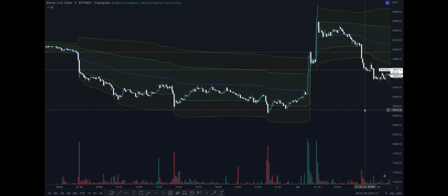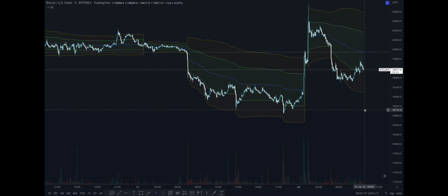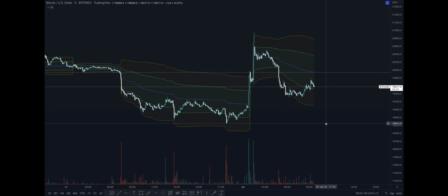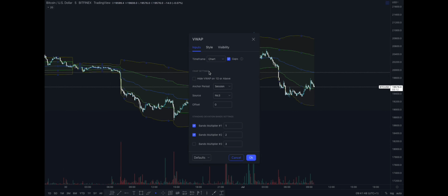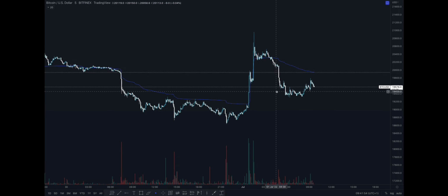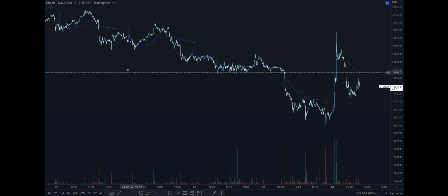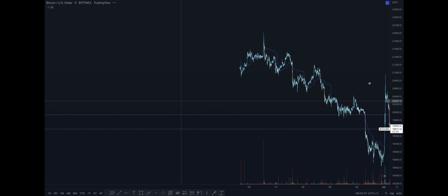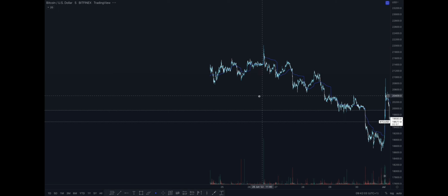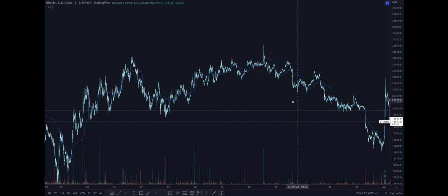So if you're looking at it from that perspective, a typical example that I would use is, and I'm going to remove the other bands just for a moment, so it's a bit easier to visualize. We just focus on the VWAP here, and we'll find an example on low time frames of where we had a good entry trigger for a trade that we then traded back to the VWAP in a daily session.